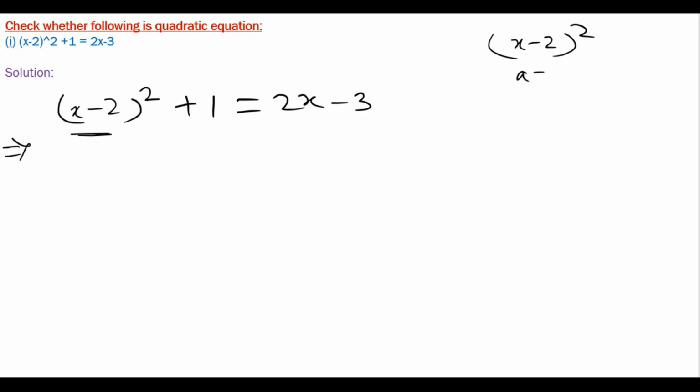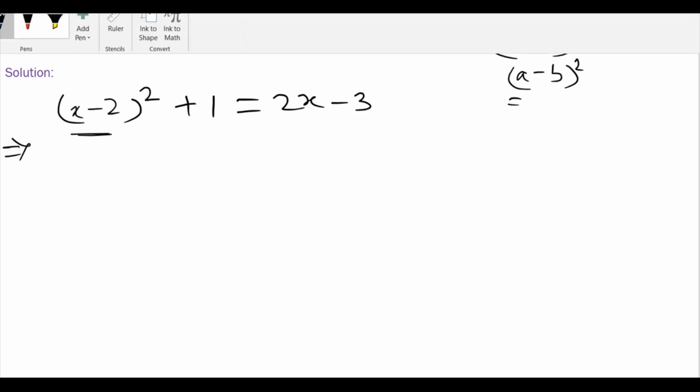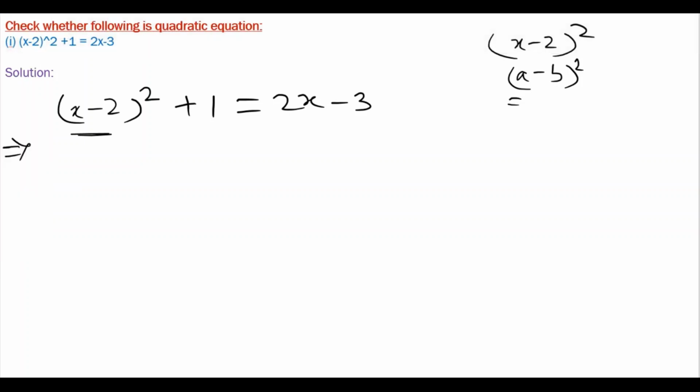This is of the form a minus b whole square, which is equal to, what will it be? a square plus b square minus 2ab, right? You know this, I hope you remember this formula.